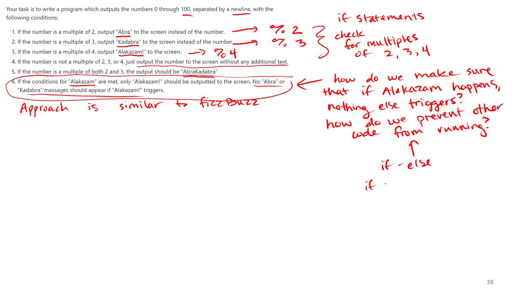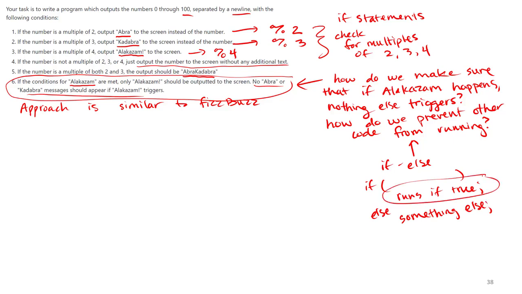Remember, in an if statement, the statement protected by the if will only run if the if statement is true. So one approach to write this program is to first start your for loop, and inside your for loop, you can check if we have a multiple of 4.